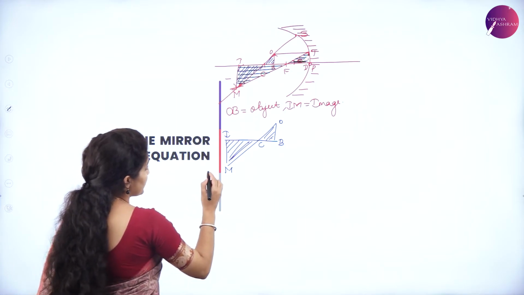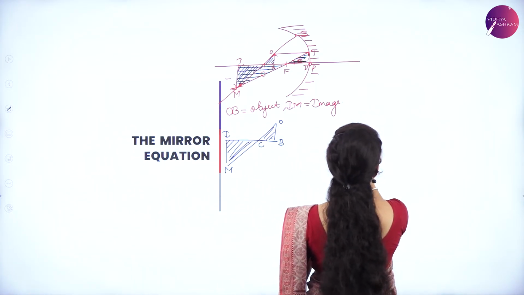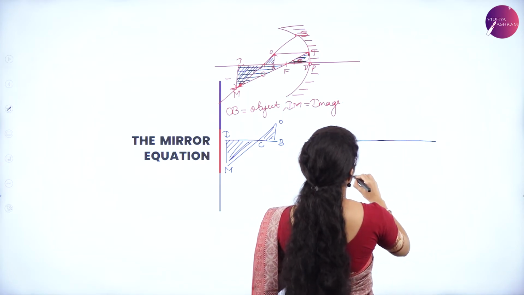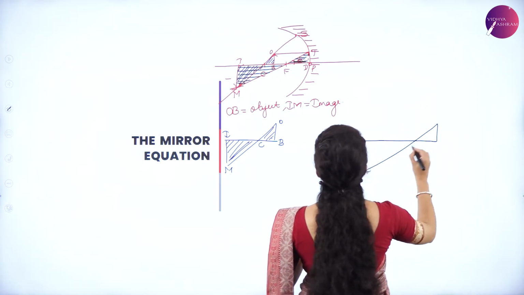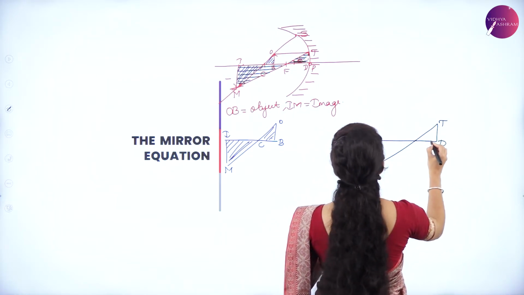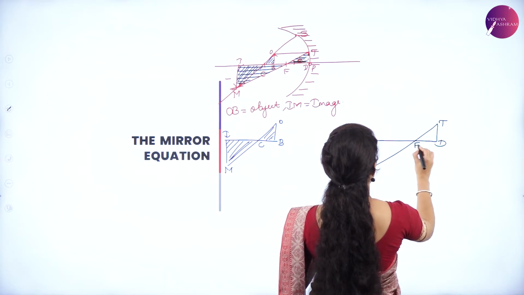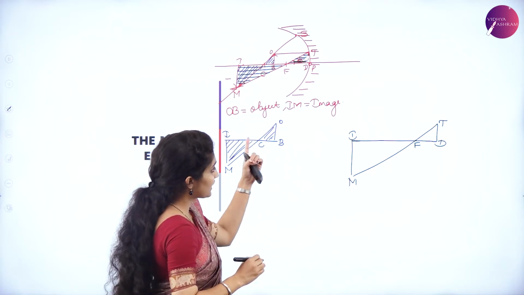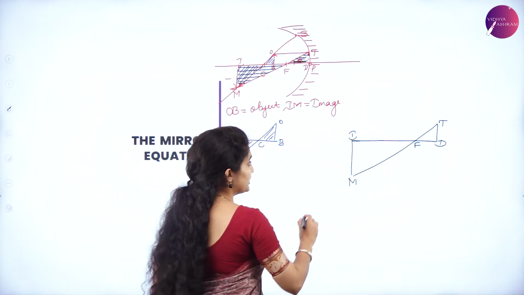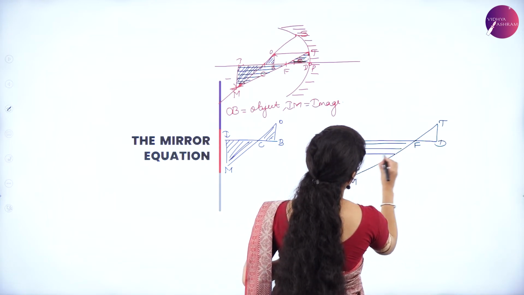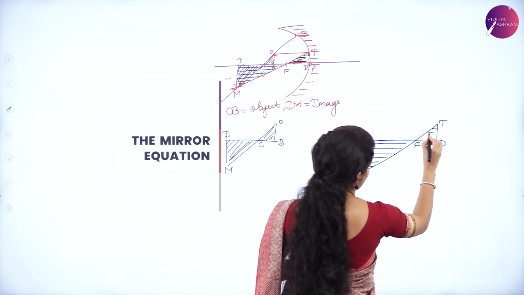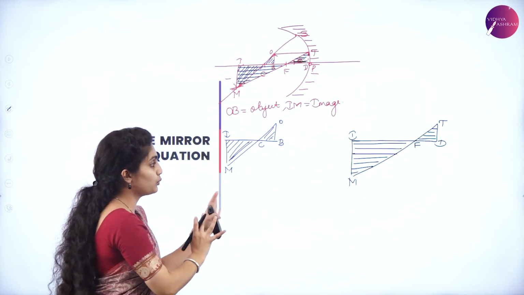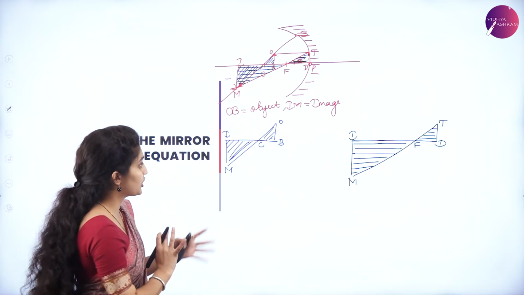I can draw this in black, that is you have MIF and TDF. So here it is T, here it is D, here it is F, here it is M, and here it is I. The line which is passing through C and the line which is passing through F are being taken. Here I have drawn it in this way. So when these 2 sets of triangles are there, we will have to write our equations for them. Let me just go with it.